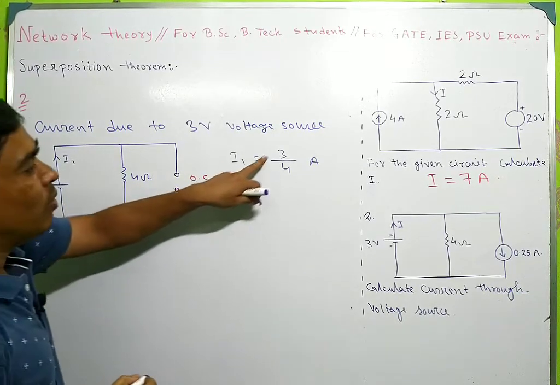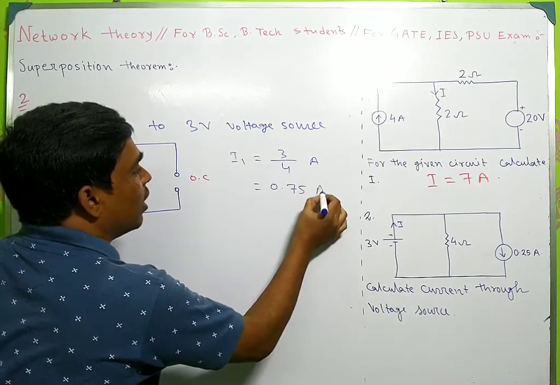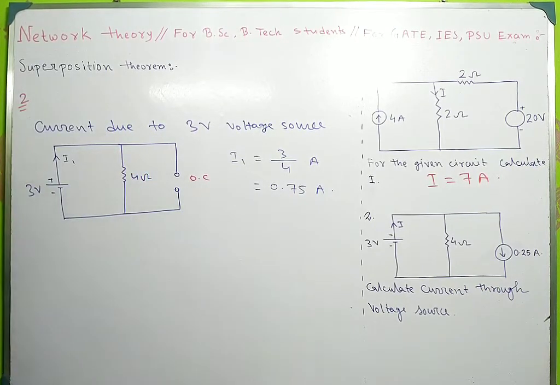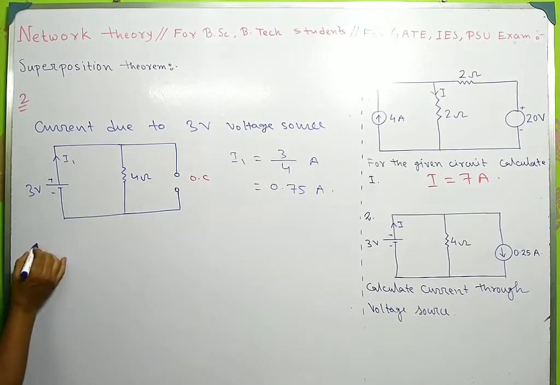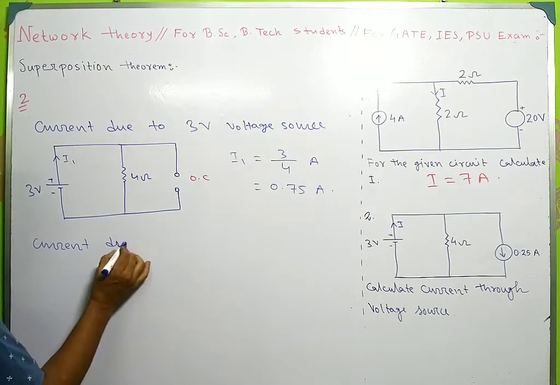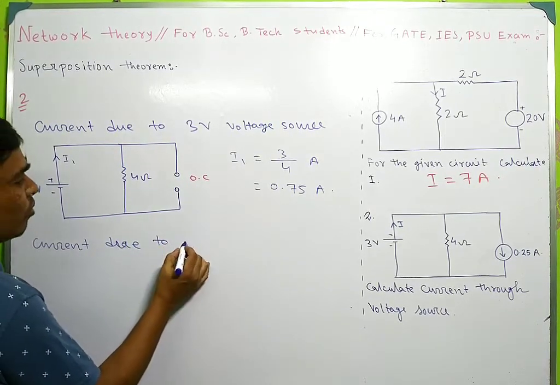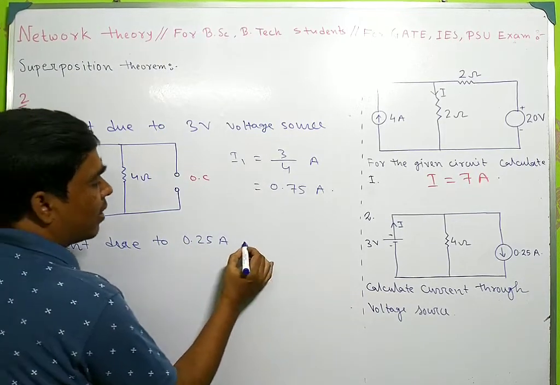So here I1 equals 3 by 4 ampere, so it will be 0.75 ampere. Okay, so now the current due to the 0.25 ampere current source.